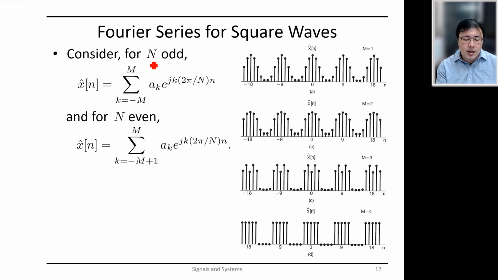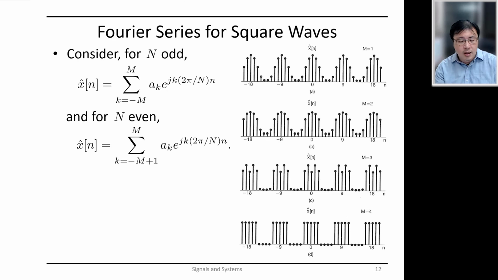Suppose that we again take a truncated Fourier series representation like we did in the continuous time case. Instead of summing over capital N consecutive values, we sum over a smaller range, from minus capital M to capital M. Here we're assuming that the period capital N is odd.